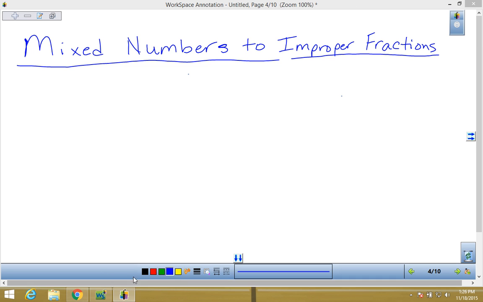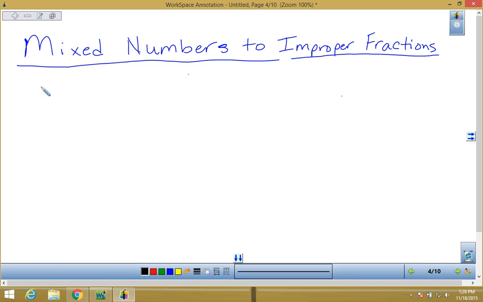So if I started off with a mixed number, say 2 and 2/5. There are some steps that I'm going to do, and for this one I'm going to write the steps down, okay? So step 1, we're going to multiply the denominator by the whole number.